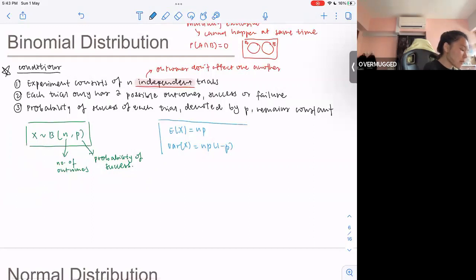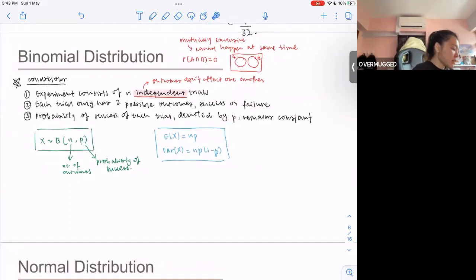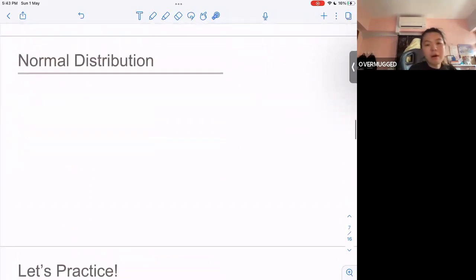Literally taken from this over here. All right. So in essence, this is all the things that you need to know for this chapter. I'm going to move on and talk about normal first, and then we're going to look at the different questions.